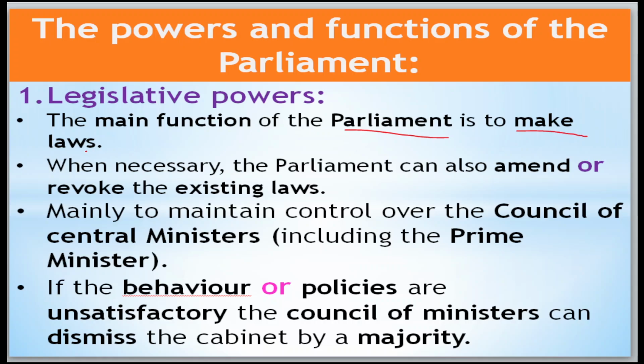When necessary, the parliament can amend, means make changes, revoke, or delete the existing laws. It can make new laws, or change them. If a law is not relevant, it can delete it. If you don't want it, you can even remove it.